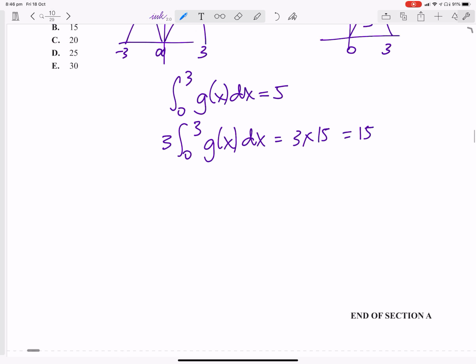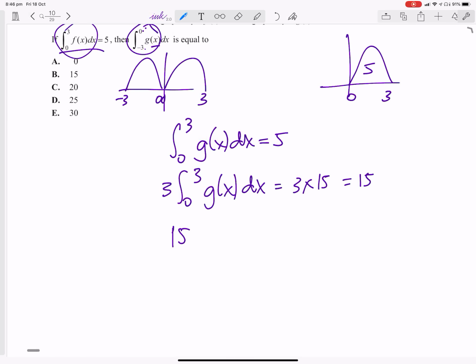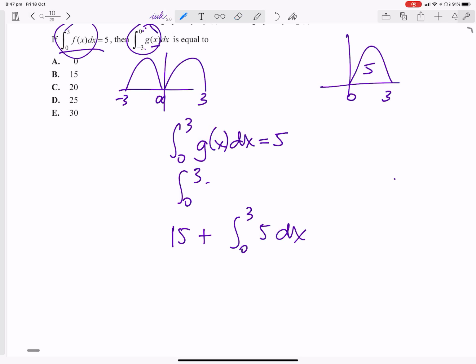Then if I translated up 5, I'd have 15 plus the integral from 0 to 3 of 5 dx, because that would be the integral of 3 g of x plus 5 dx, which you can separate.